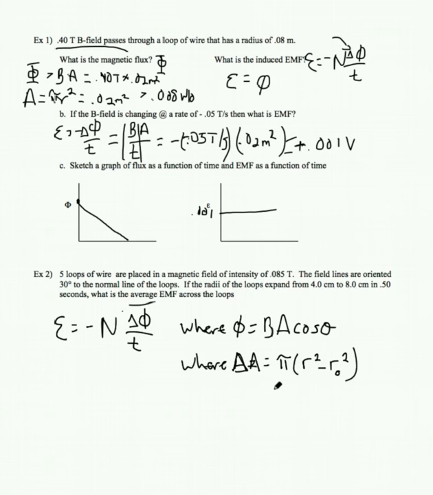We plug in pi times 0.08 minus 0.04 squared. We're going to make sure we change this to meters. We will get an answer of 0.015 square meters. So we multiply that by cosine of the angle times B. So let's punch that out.